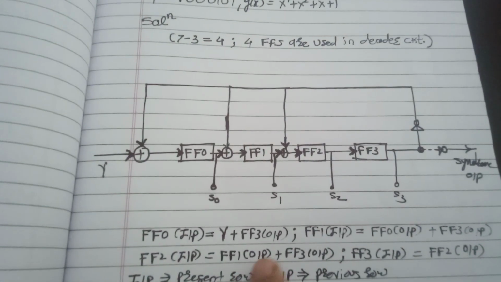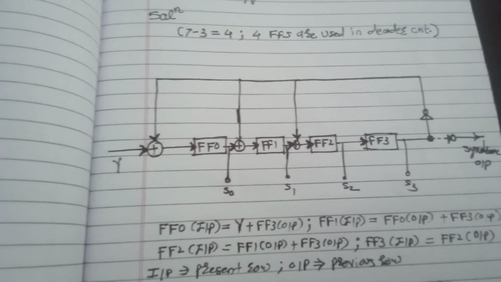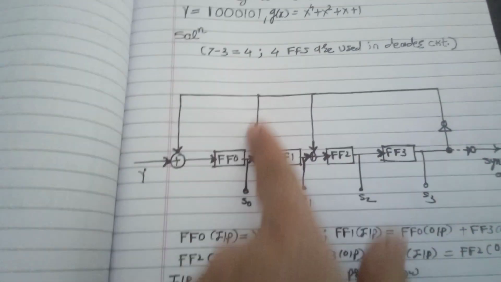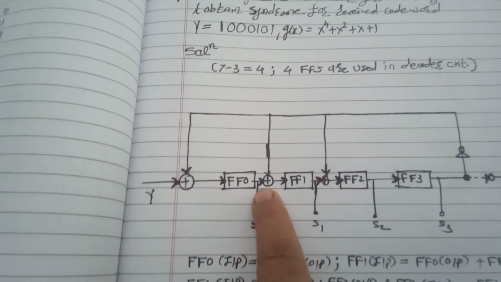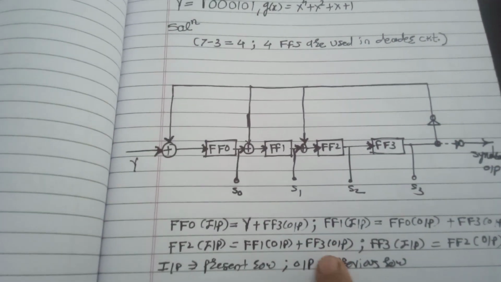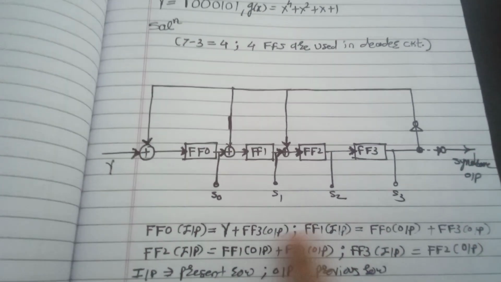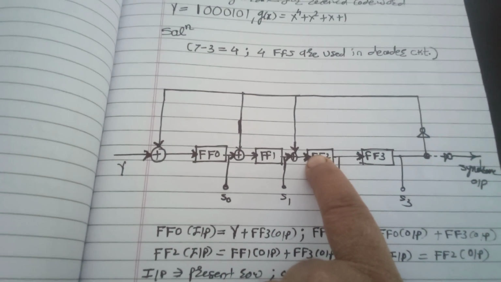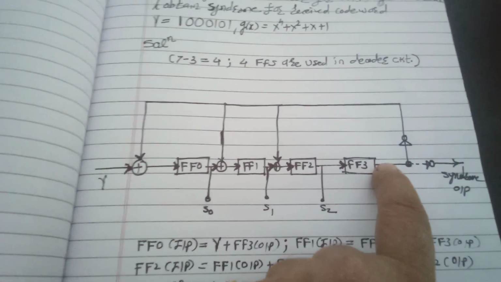Okay, then what is flip flop 1 input? Flip flop 1 input is equal to this line, which is again flip flop 3 output plus flip flop 0 output. Then flip flop 2 input is flip flop 1 output plus flip flop 3 output.